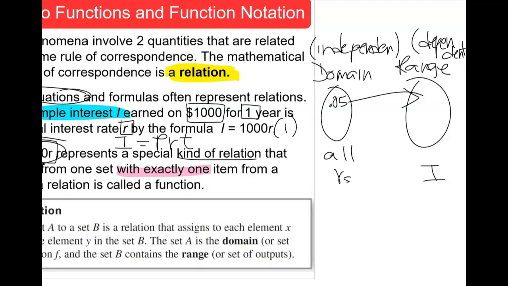So it will be $50. So if for 1 year we put $1,000 in the bank with a simple interest of 5% or 0.05, then the money earned will be 50.